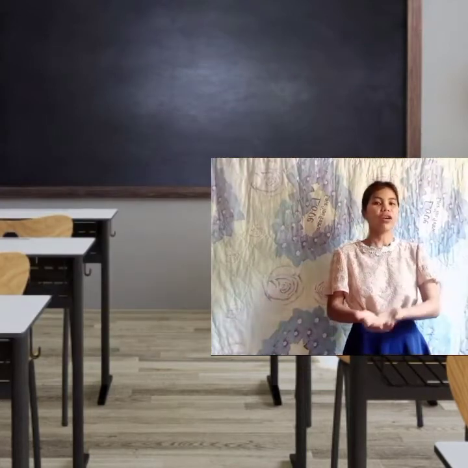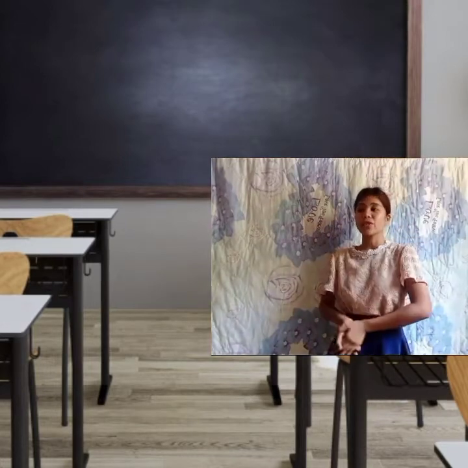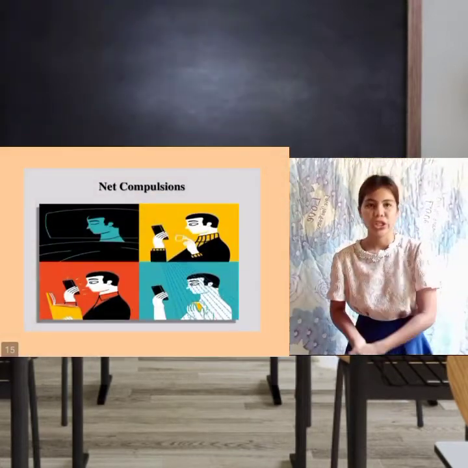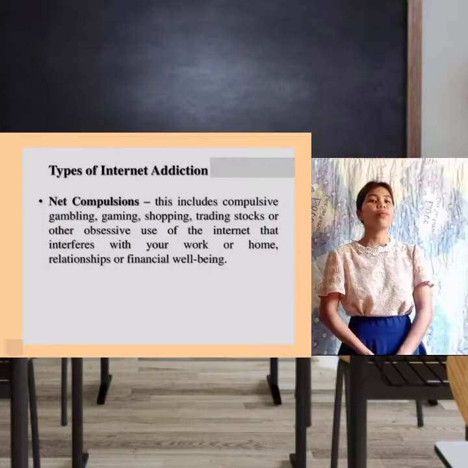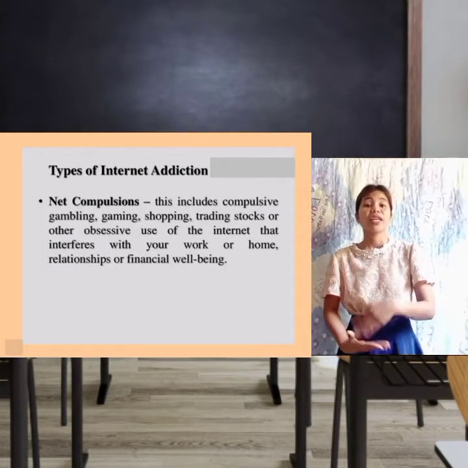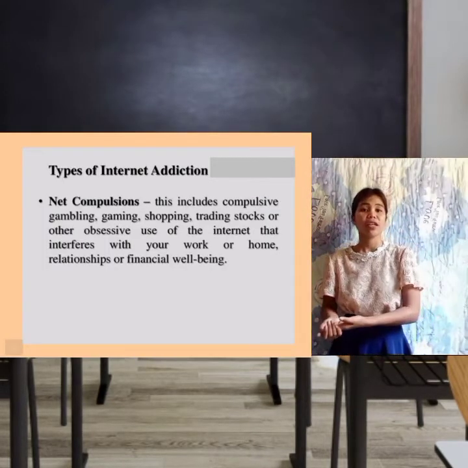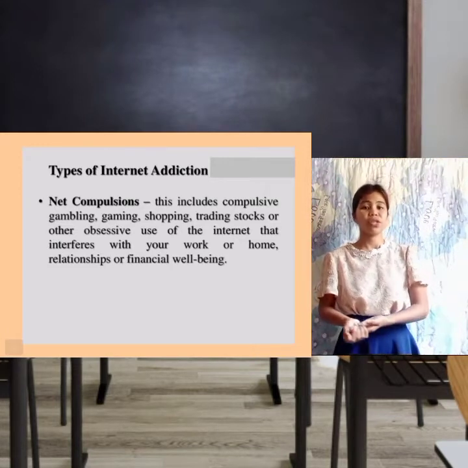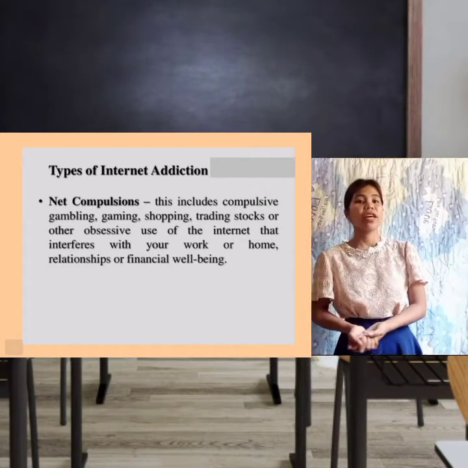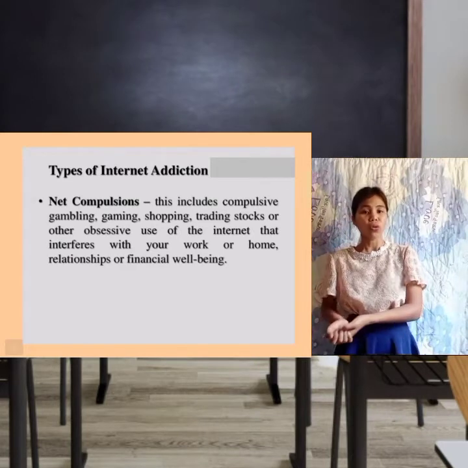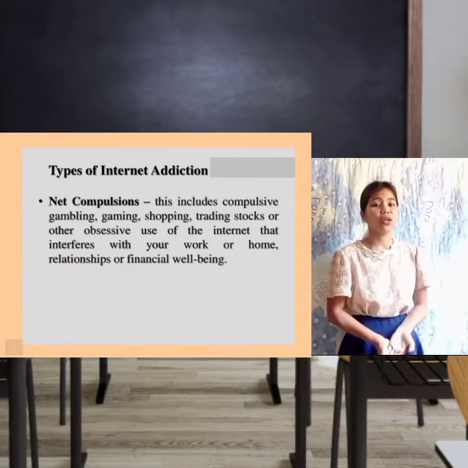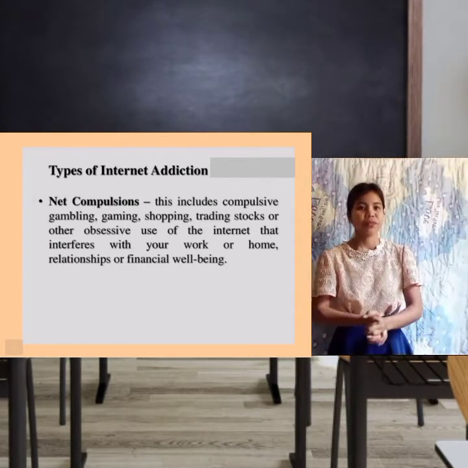Yes, Carl. Thank you. The next one, class, is net compulsions. This includes compulsive gambling, gaming, shopping, trading stocks, or other obsessive use of the internet that interferes with your work, home, relationships, or financial well-being.